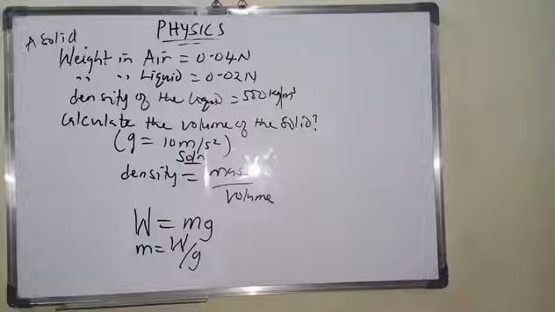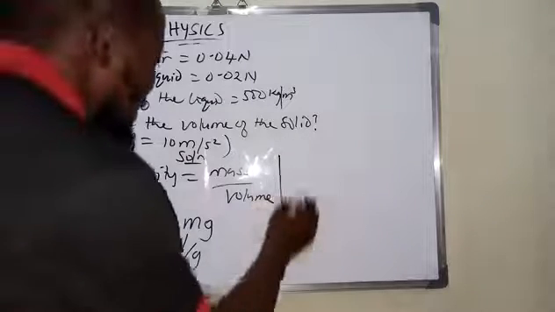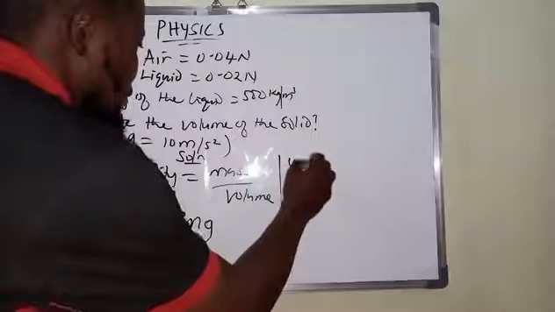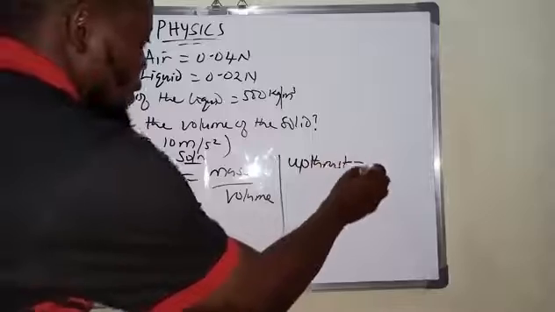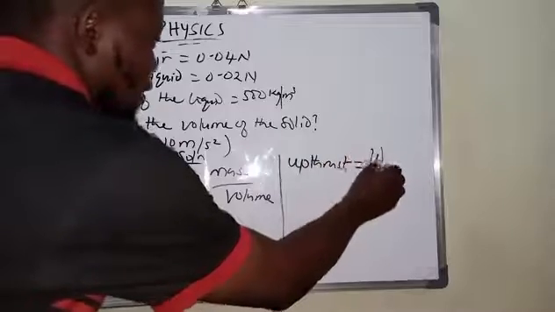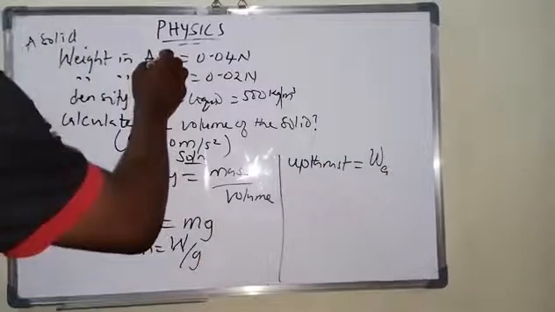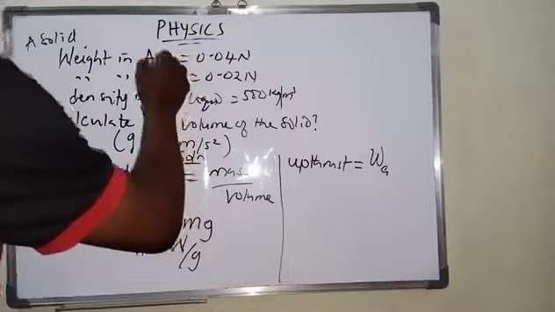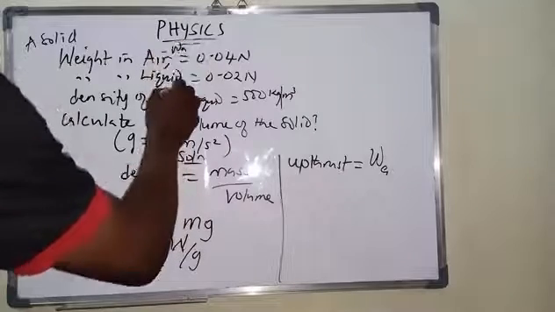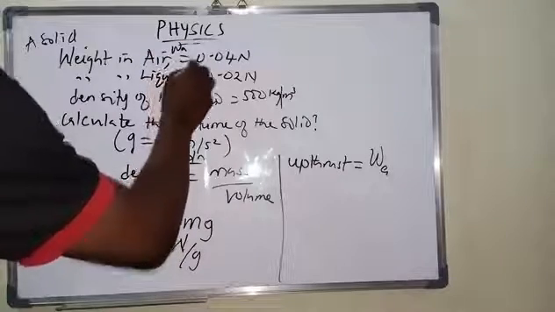So what are we saying? That upthrust is the weight in air minus the weight in liquid. Let's say weight in air is WA and weight in liquid is WL.